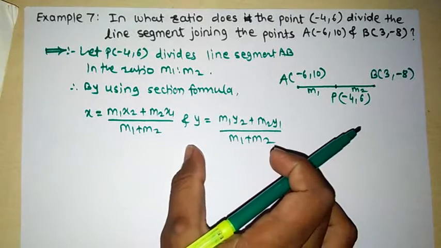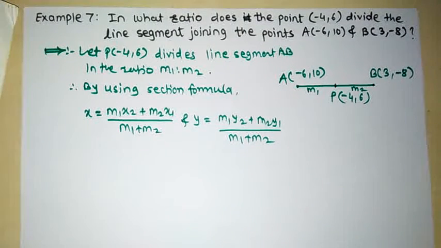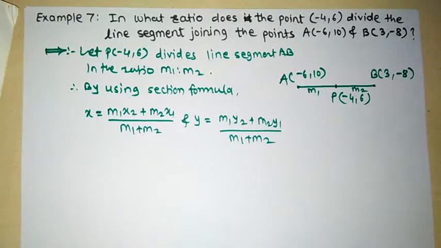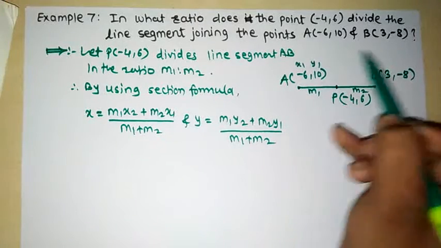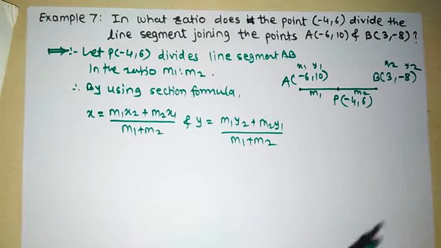This is the y coordinate of the point P. But here the x and y coordinates of the point P are given. Therefore we will put the values here and we will assume these points as x1, y1 and this is x2, y2. Now put all the values here.